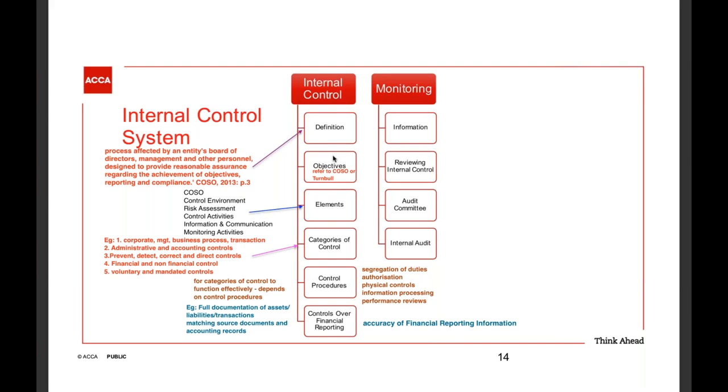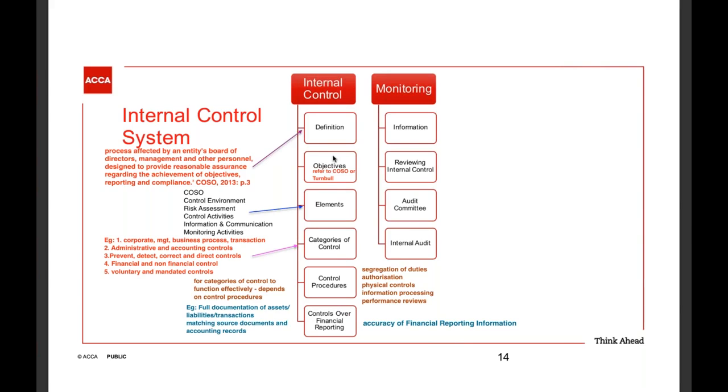Because the internal control system is in place to manage and control the risk. It's not a mechanism for you to eliminate risk. So you are just trying to put some control mechanism. This is why it is an internal control system.